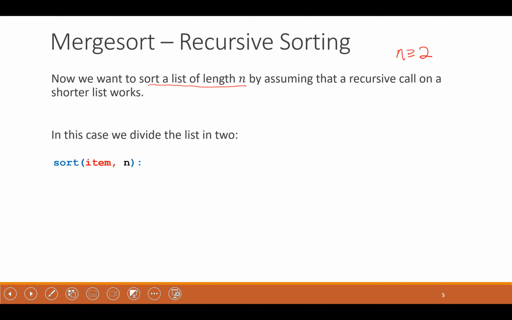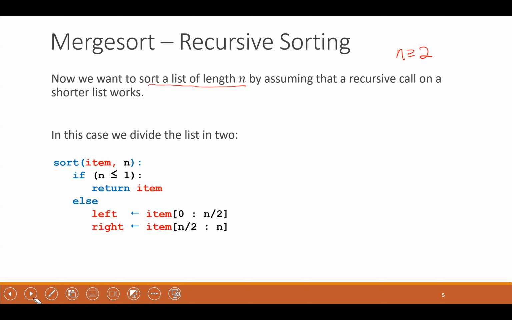All right, so my algorithm would go something like this. Item is my list, probably should be called list. n is the size of this list. So if n is 1 or 0, then we return the item. It's already sorted.